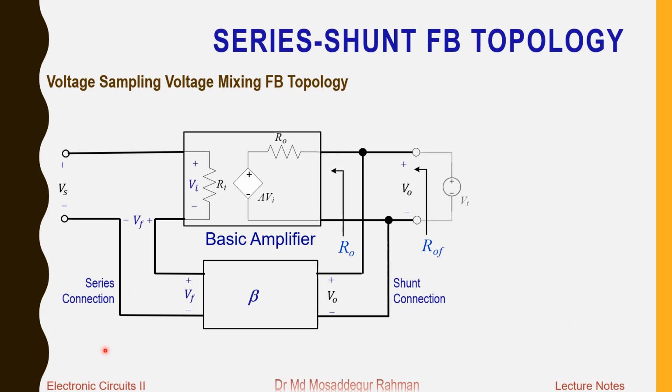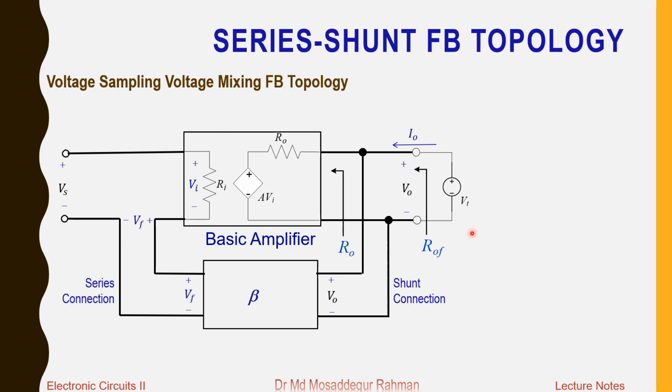In order to determine the output resistance, it is not as straightforward as we have done for input resistance, because for the input side we already have a signal voltage applied and a current is flowing in. So we can express the input resistance as the signal voltage divided by the input current. We can analyze the circuit and determine the input resistance. But for the output resistance, we don't have a voltage applied here, and our current is not flowing in.